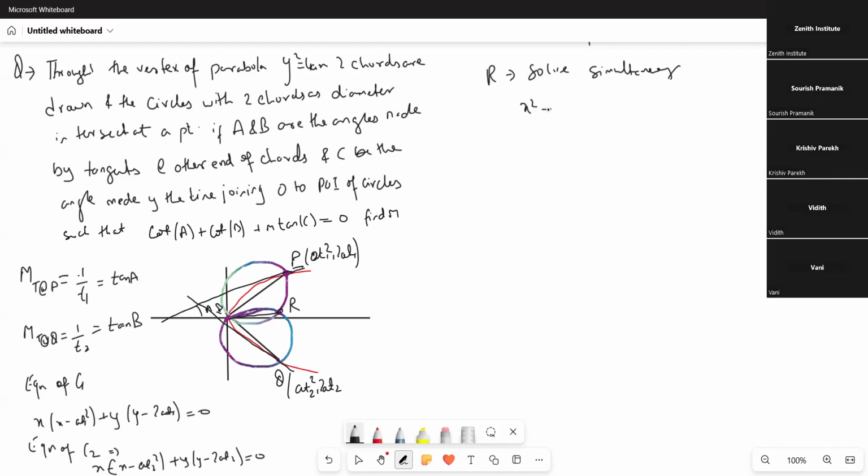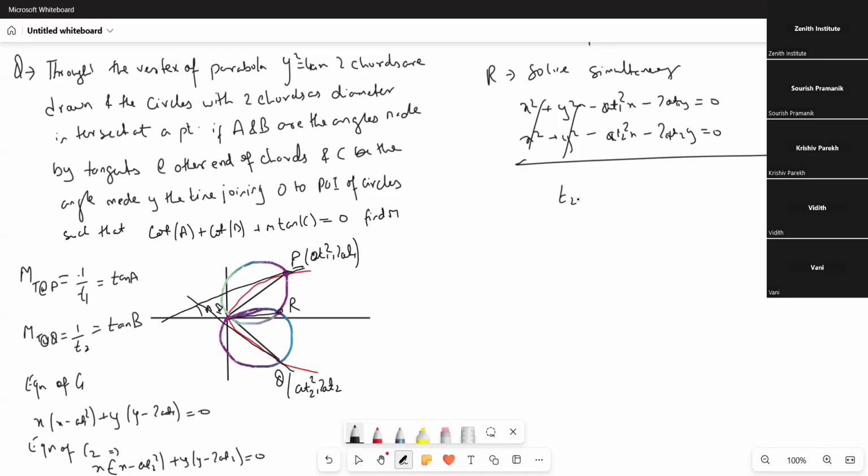So x square plus y square minus at1 square x minus 2at1 y, और यहाँ पे आ गया x square plus y square minus at2 square x minus 2at2 y is equal to 0. Solving them simultaneously, ये cancel हो गया. We get, okay, a भी cancel हो जाएगा पूरी equation से.